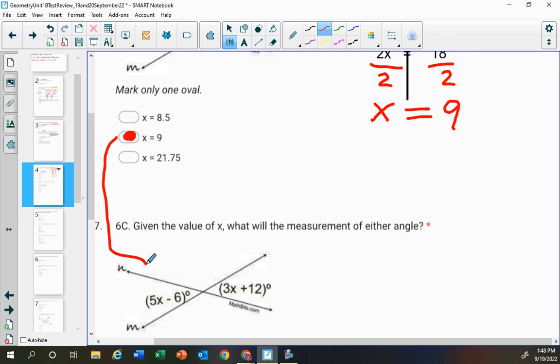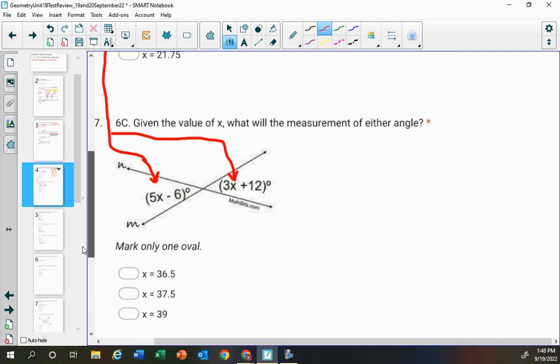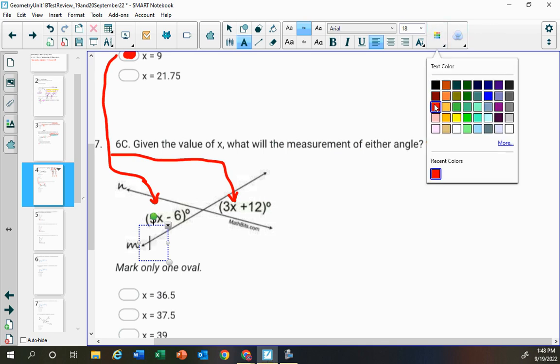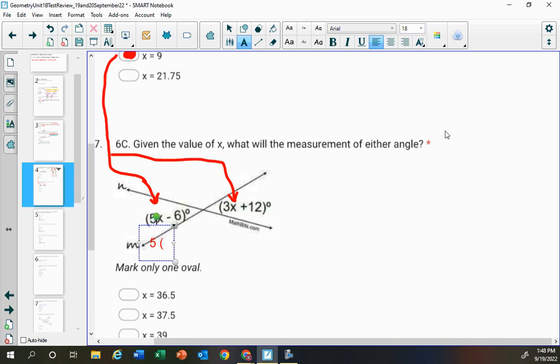Now, does it matter which angle I use to get the actual angle measure? Exactly. Thank you. Good job. So I think somebody said it. Yup. Because we have 5 times 9 minus 6. Oops. That equals 39.